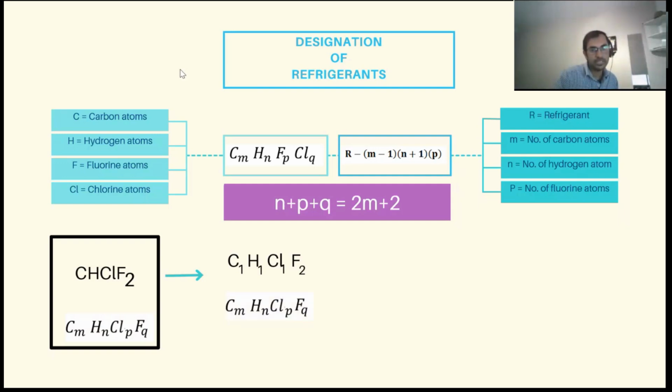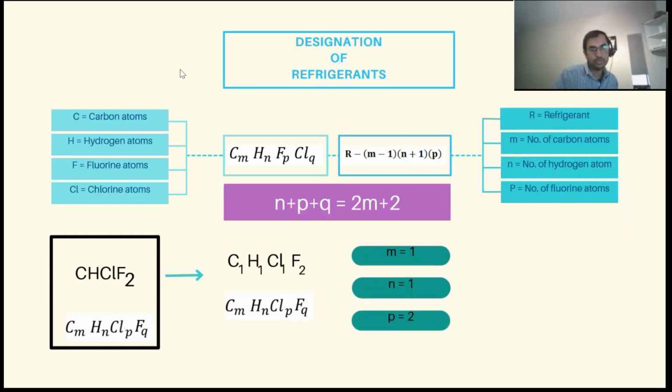Now we can write m equals 1, n equals 1, p equals 2, and from our format R(m-1)(n+1)(p), putting the m, n and p values, R (1-1), (1+1) and 2. So it will be R022 or R22.